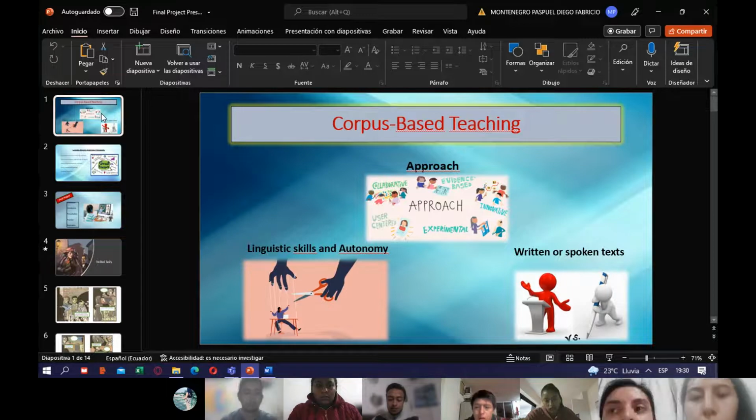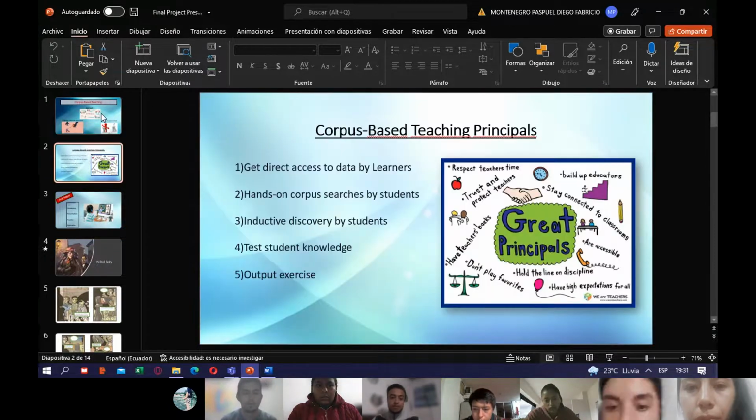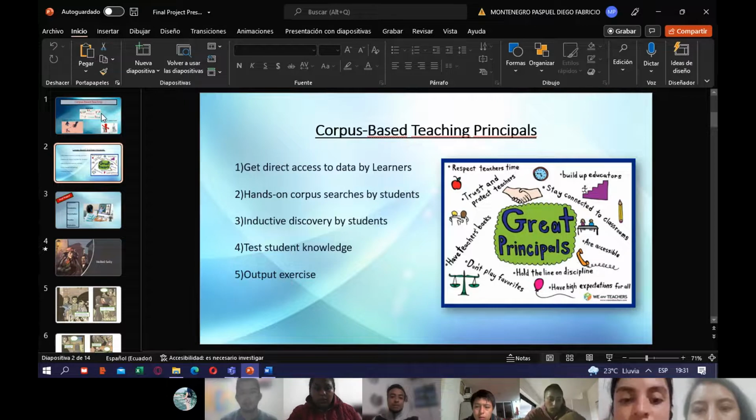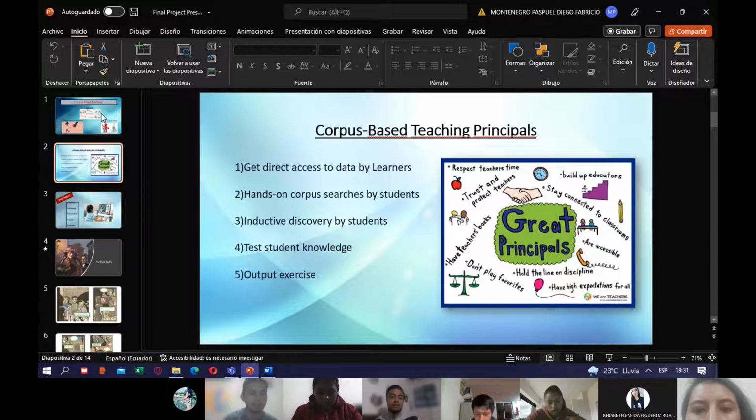Then the principles. In corpus-based teaching, we have five principles, which are the most important. The first one is direct access to the data by learners. This is about exposing the collection of written and spoken text to the students. The second one is hands-on corpus search by students. Then the students observe and analyze the language. Then we have inductive discovery by students.